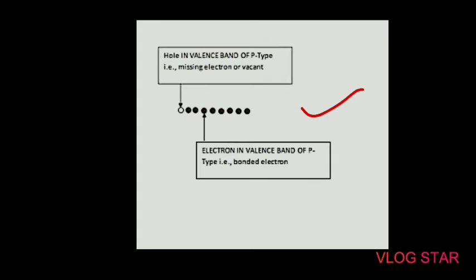Here, assume the semiconductor is at room temperature, and there will be a continuous breakdown and creation of covalent bonds in the valence band, which is the generation and recombination of electrons and holes. Consider this: a bond breakage takes place and the electron will move from one location and occupy another vacant location in the valence band as follows.